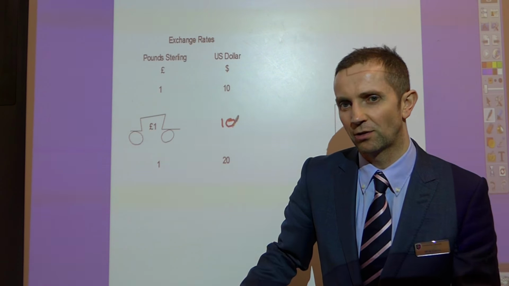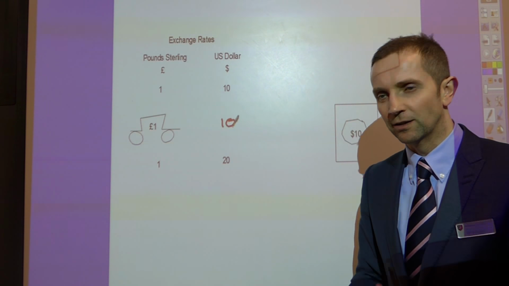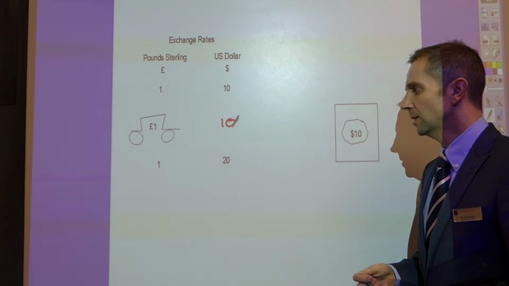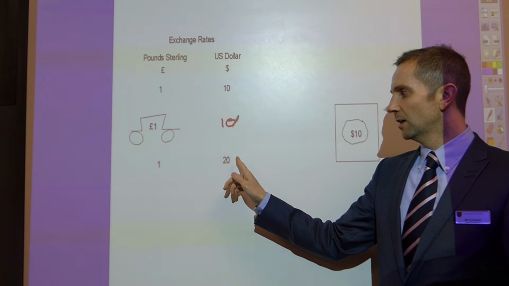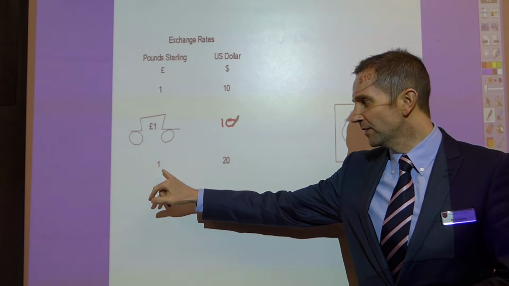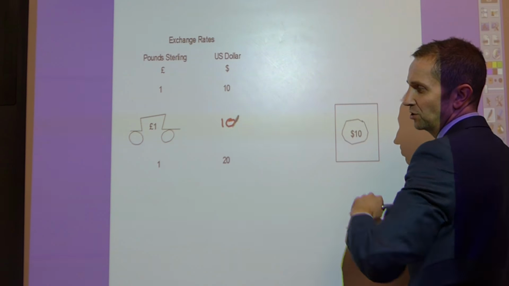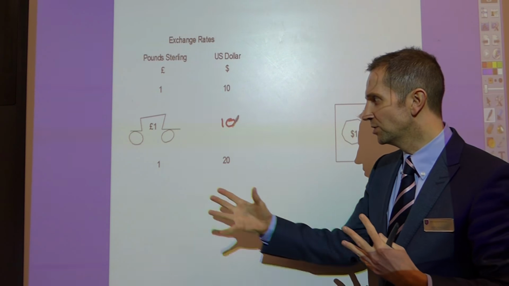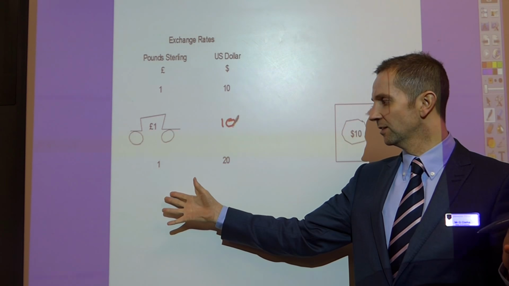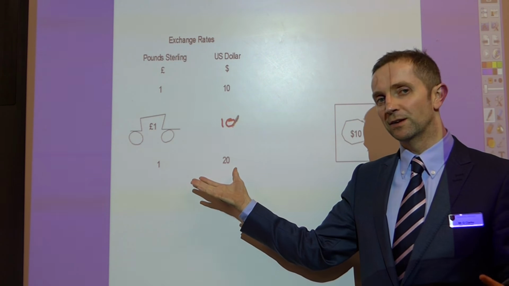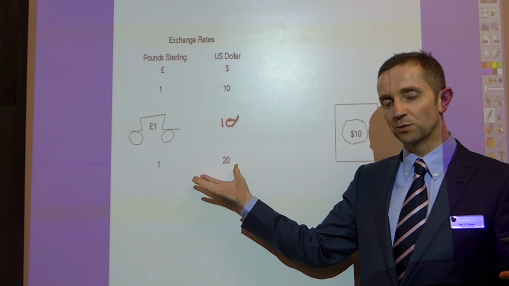Well, if one's getting stronger, the other one has to be getting weaker, the flip side of the same coin in that respect. So, previously, we could buy the washing machine for £1 at this exchange rate. And now the exchange rate has changed. The pound has strengthened. The pound is buying more US dollars. The same way of saying that is that the dollar has weakened.